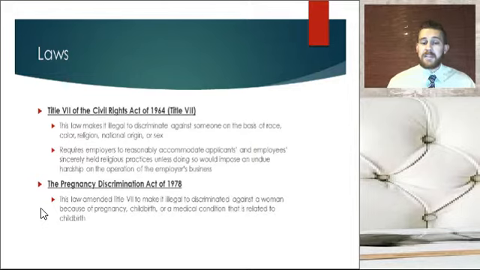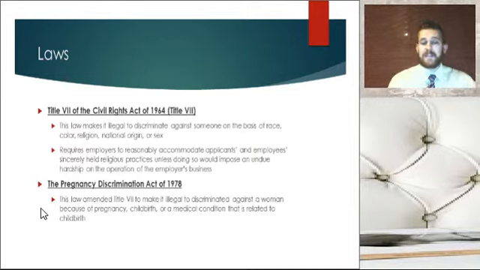This requires employers to reasonably accommodate applicants' and employees' sincerely held religious practices, unless doing so would impose an undue hardship on the operation of the employer's business.